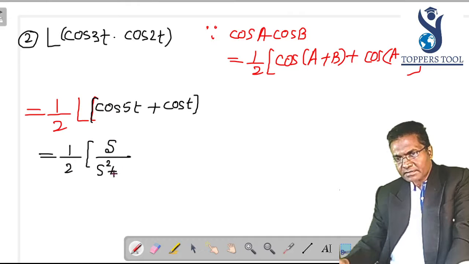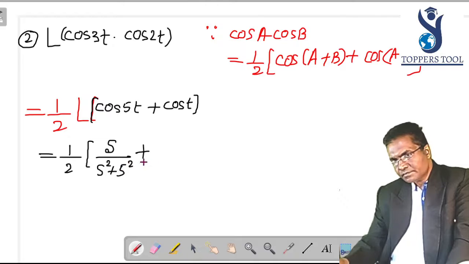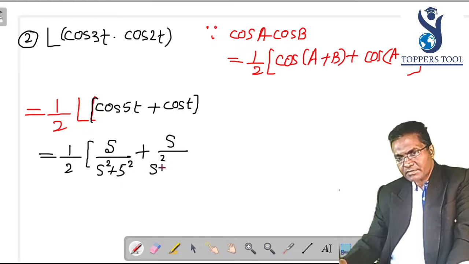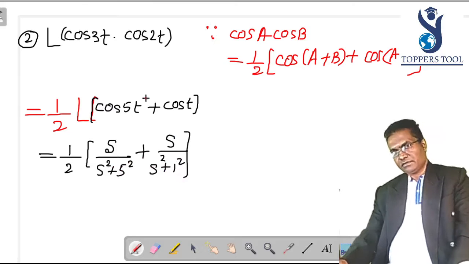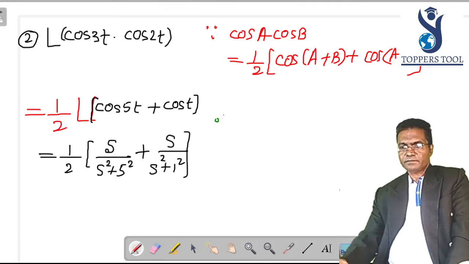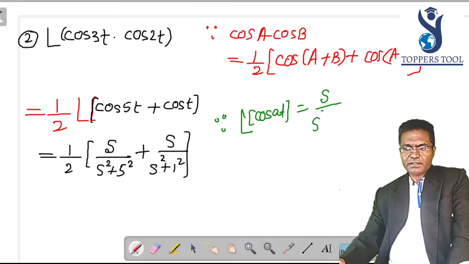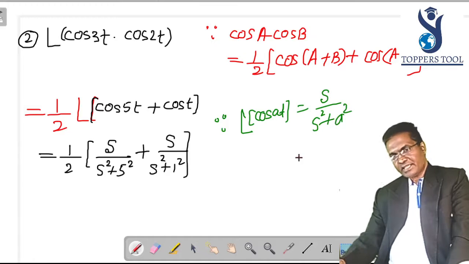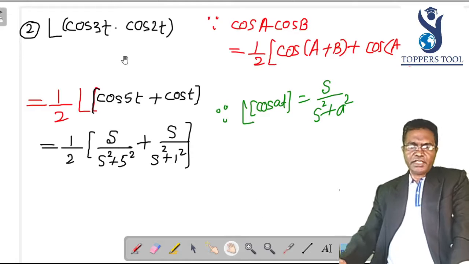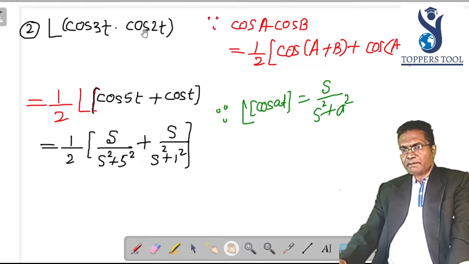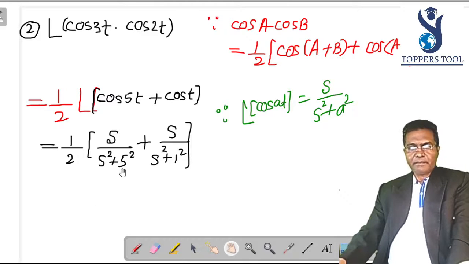So s by s square plus 5 square, plus s by s square plus 1 square. Remember this. Whenever you get a product, you need to convert it into a sum and then apply the individual Laplace transform.